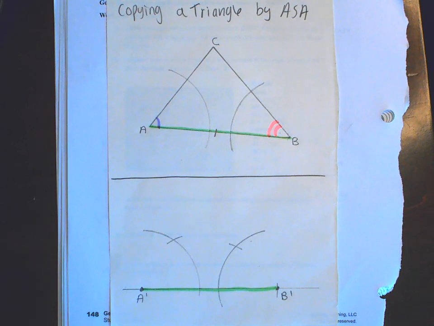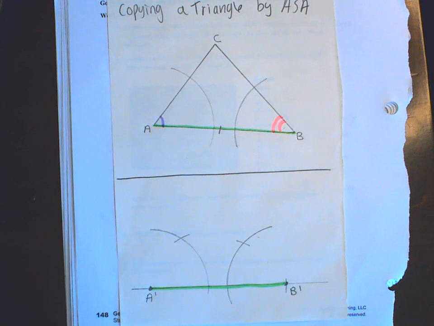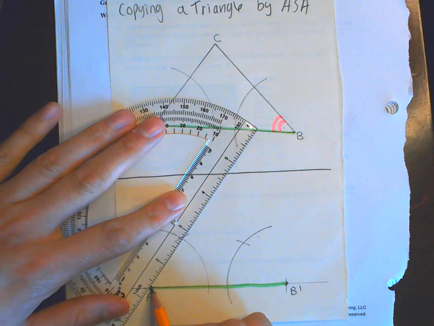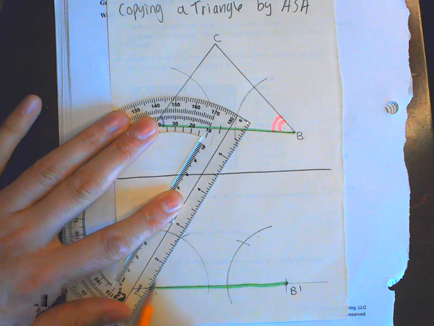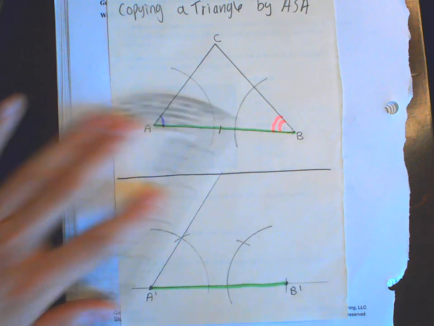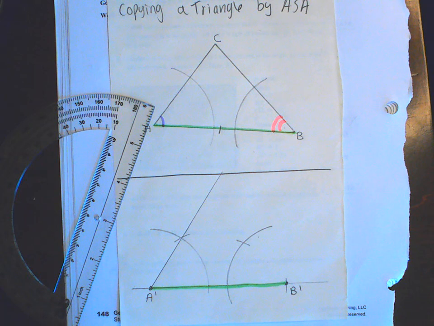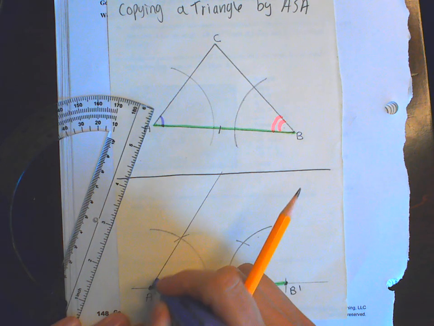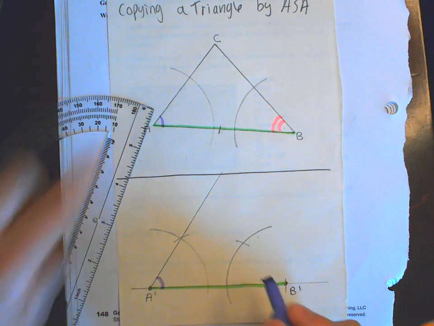So here's what we have now. From A prime to that point of intersection, you're going to draw a line. Doesn't matter really how big. Because what we just did is copy that angle, which is this one right here.